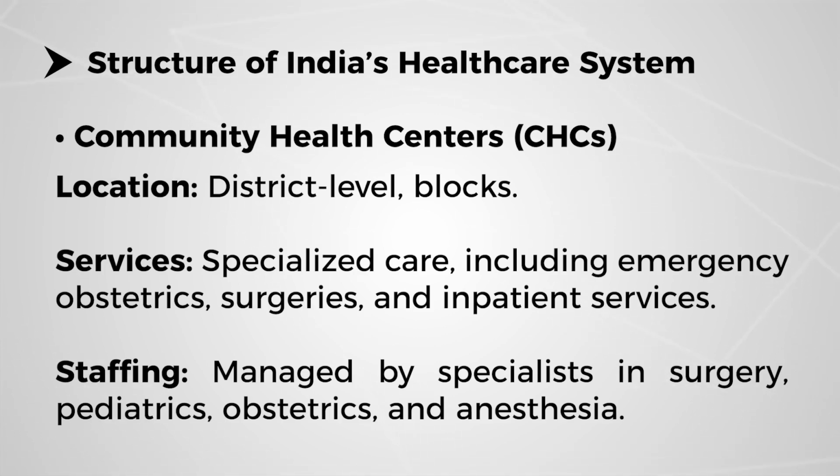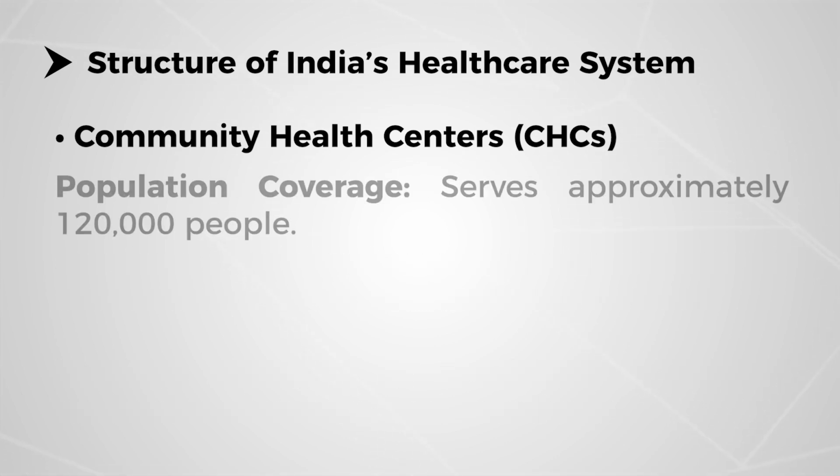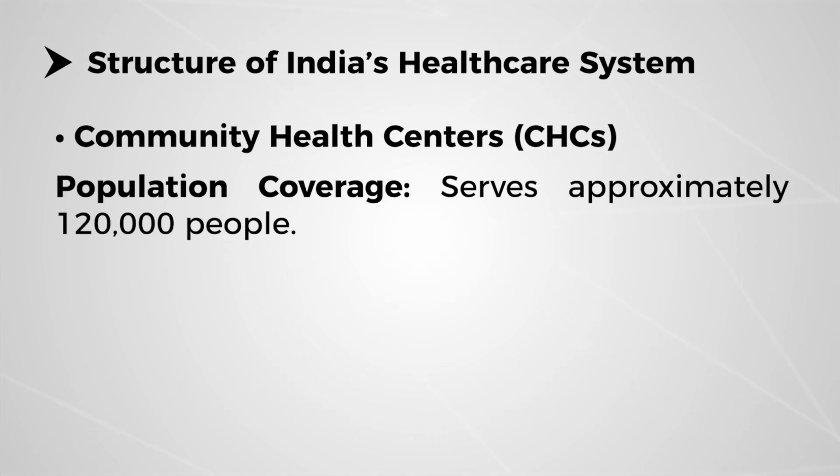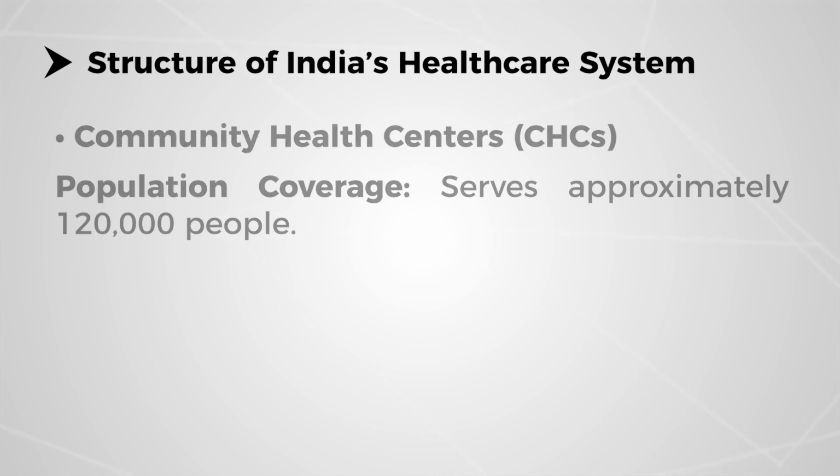These services include emergency surgeries, inpatient care and specialized maternal health care, staffed by specialists in surgery, pediatrics, obstetrics and anesthesia. Each community health center serves approximately 120,000 people and acts as a referral center for primary health centers.